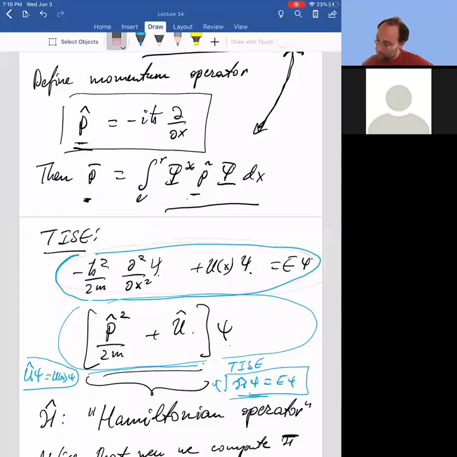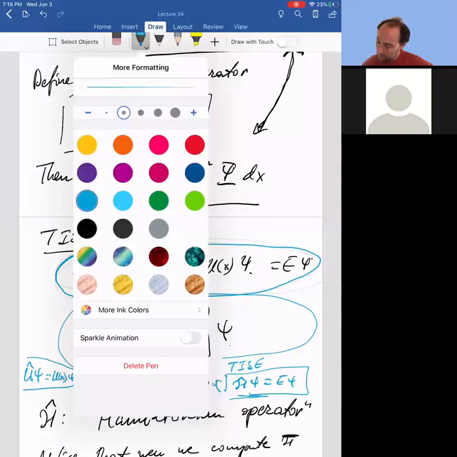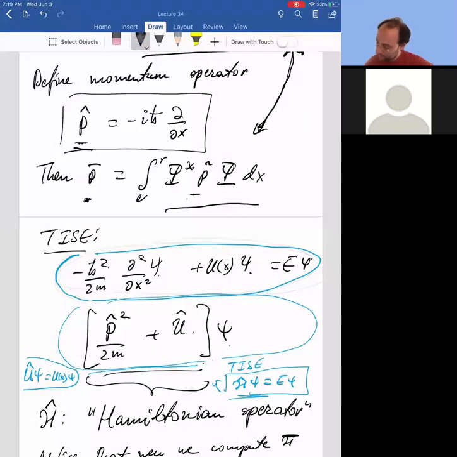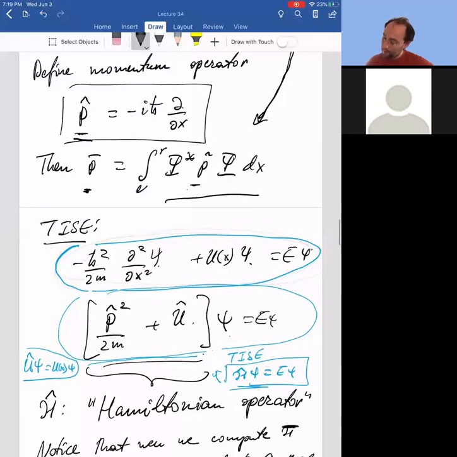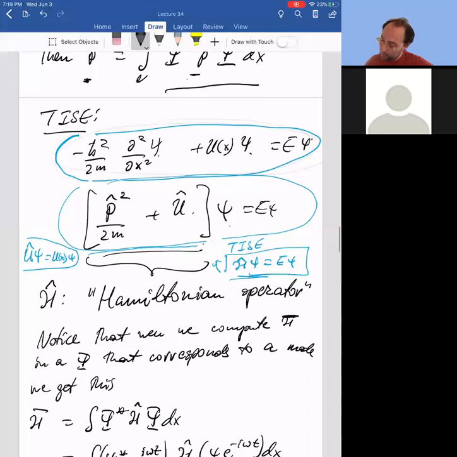And why would I want to do that? Well, before I answer that question, this whole thing right here, the square bracket, is some kind of an operator. It has a name. It's called a Hamiltonian operator.